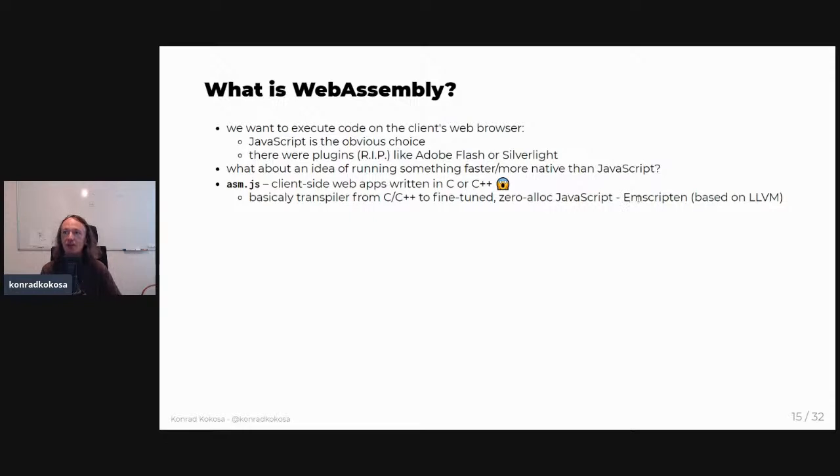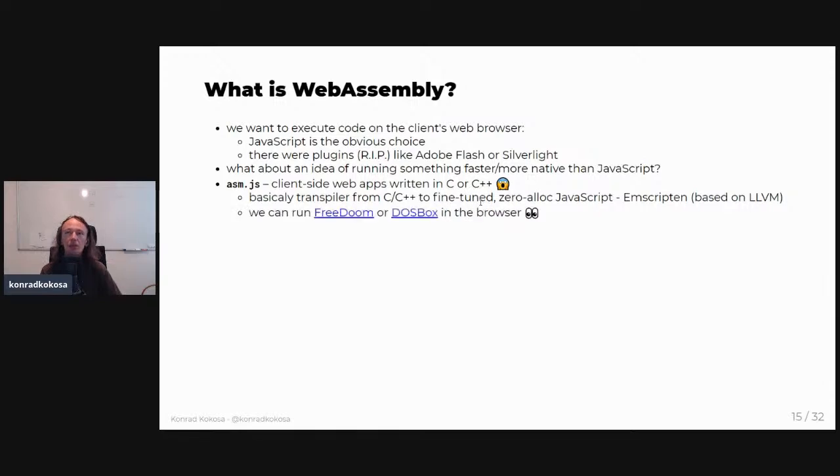So there is this compiler called Emscripten. It is based on a super powerful toolset for compilers called LLVM. And it was working pretty nicely. You can even now use this Emscripten for recompiling your C or C++ project to JavaScript.